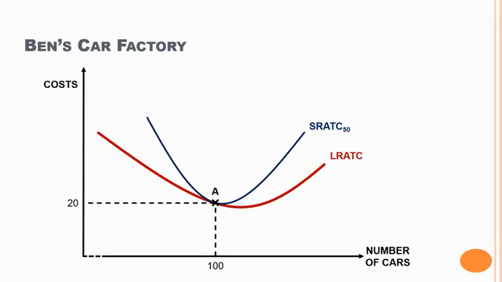For any other level of output, more than 100 cars or less than 100 cars, 50 machines, which is associated with this blue curve, is not the right number of machines. In particular, if I want to produce more than 100 cars, I would need more than 50 machines. And if I want to produce less than 100 cars, I would need fewer machines.